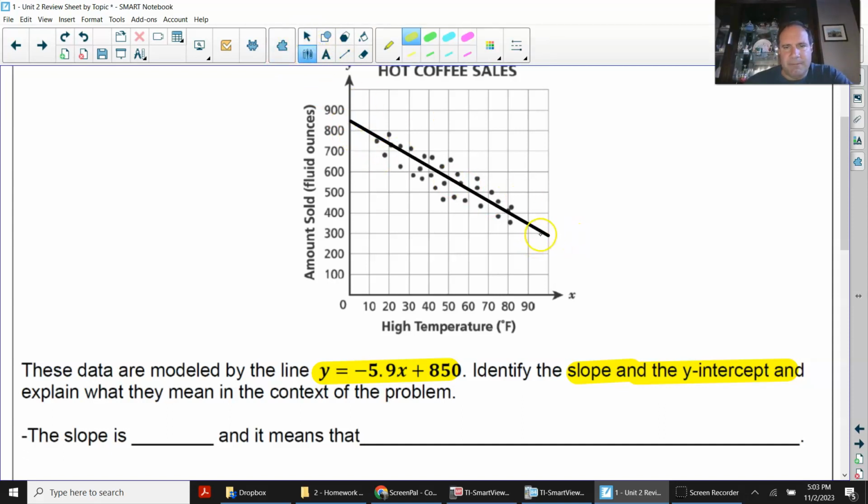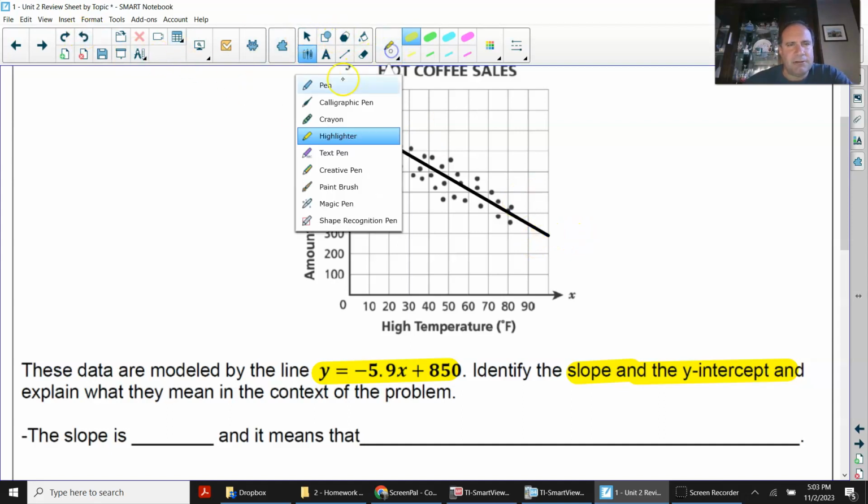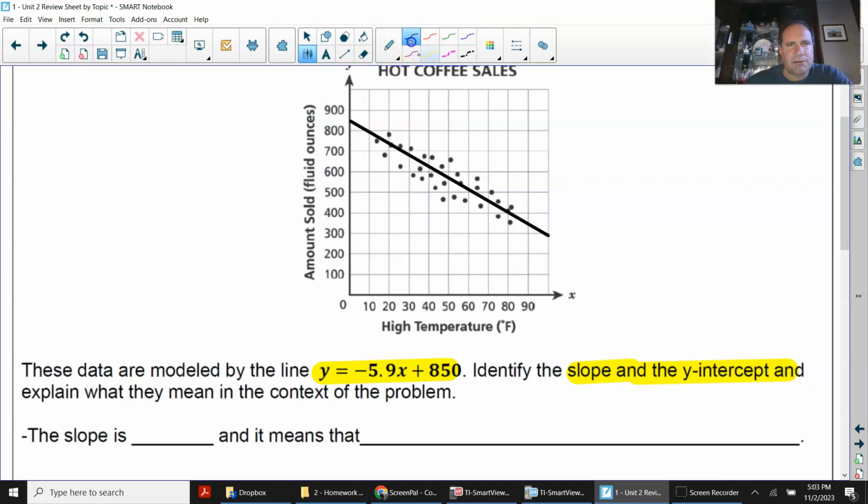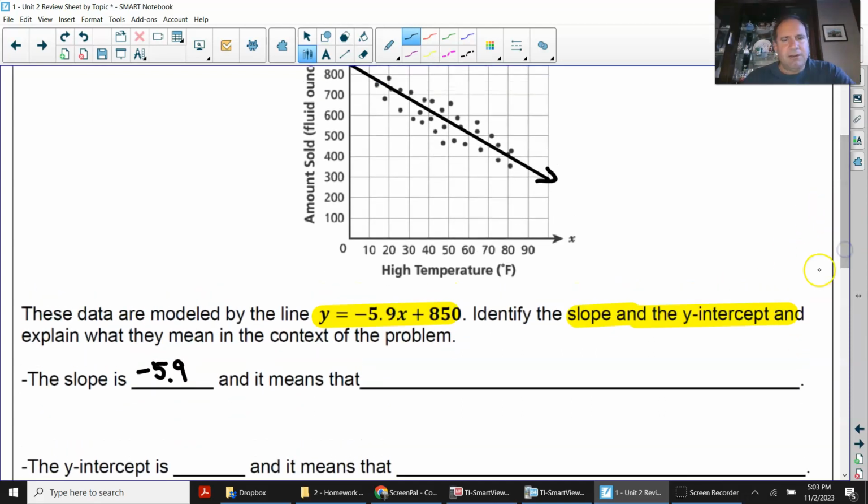And that would be my trend line, right? I'm not going to highlight the trend line. I'm just going to go like this and put an arrow, since it goes down forever until it hits 0. All right, so the slope is negative 5.9. All right, let's identify it first. And then the y-intercept is 850.